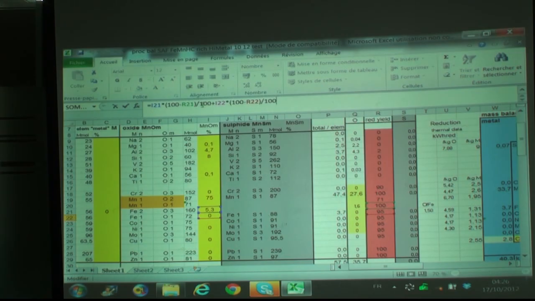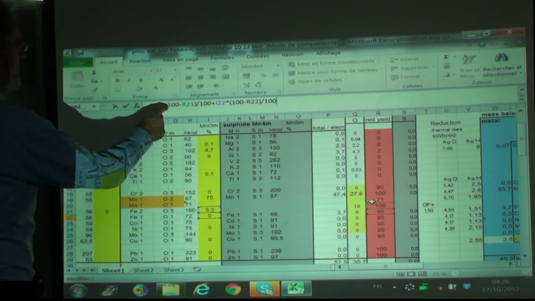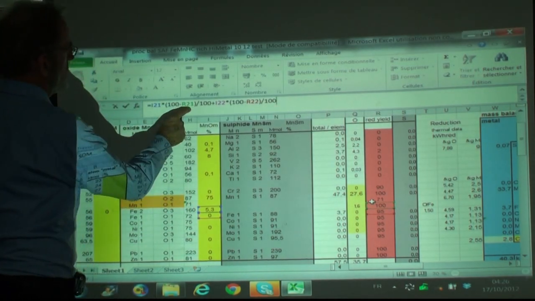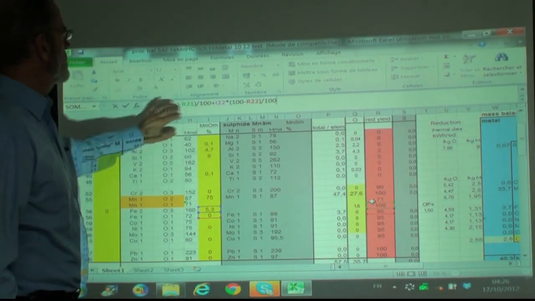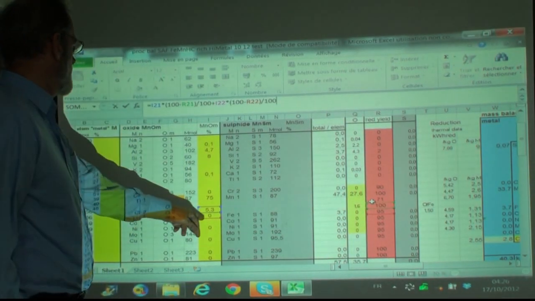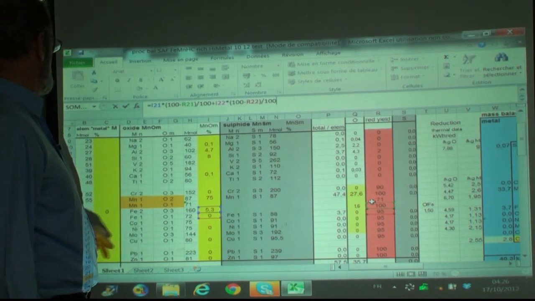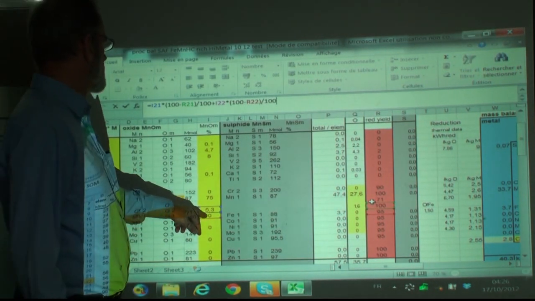Okay, this is fully disappeared, because you depart with 100, minus 100 is 0, so this is disappeared, and I22 is 0.